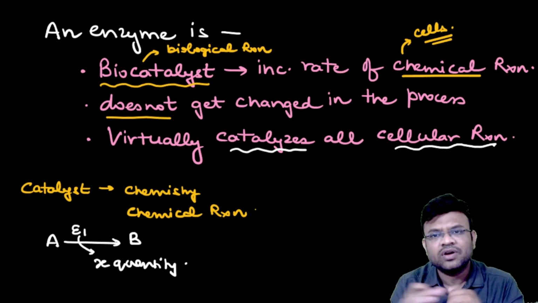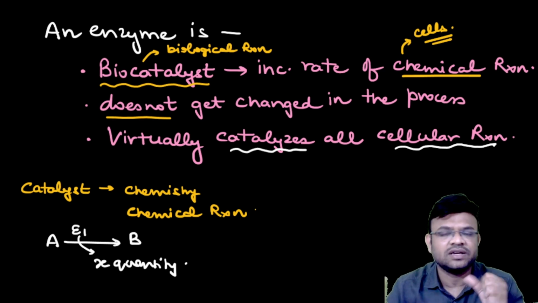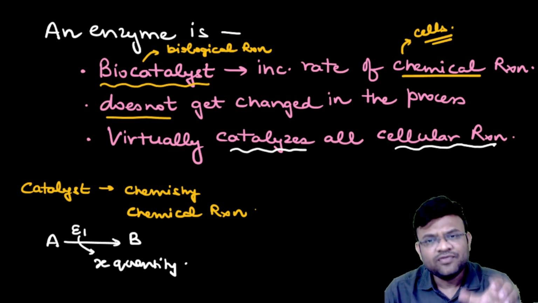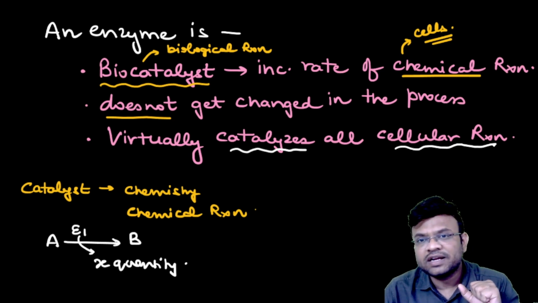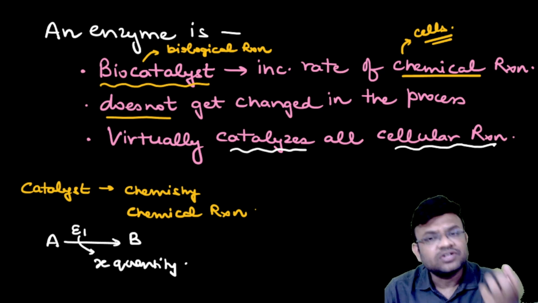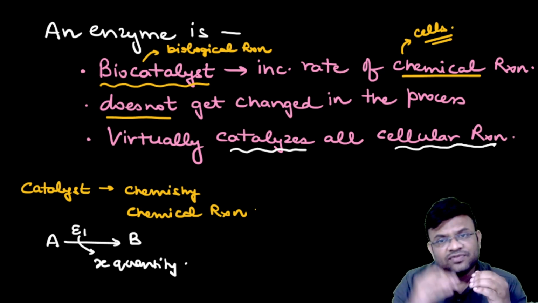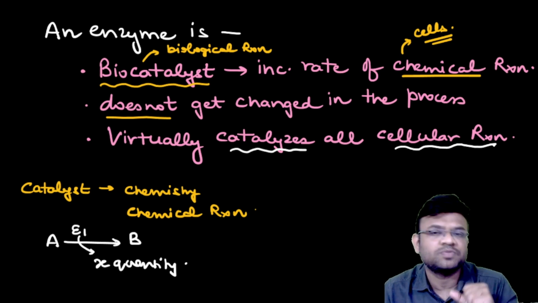In general, most of the reactions occurring inside the cell are fast in nature. If you are not using an enzyme, then the reaction will not be accelerated, or will not attain the desired speed. So the function of the enzyme is to allow the reaction to attain the proper speed.